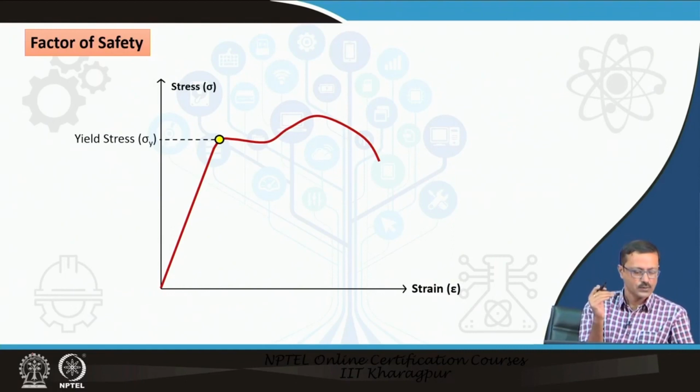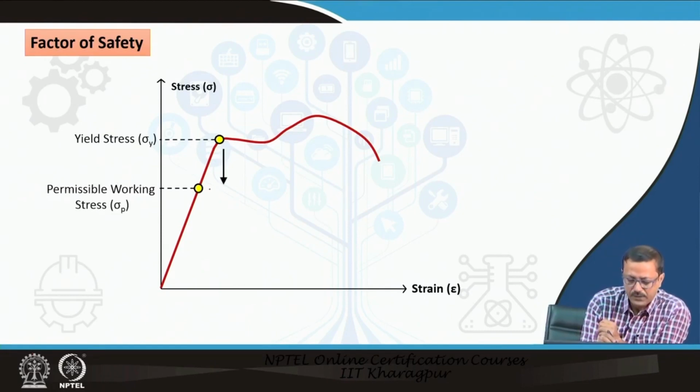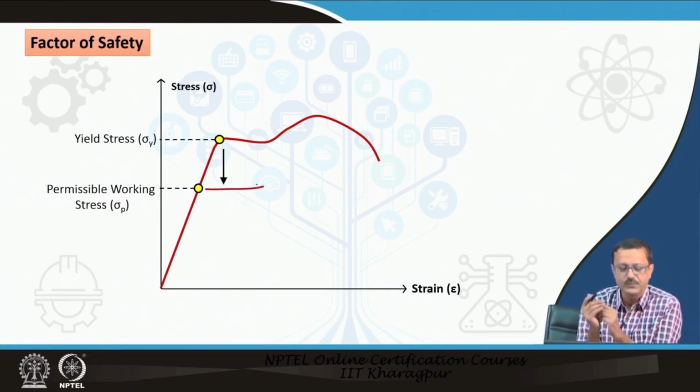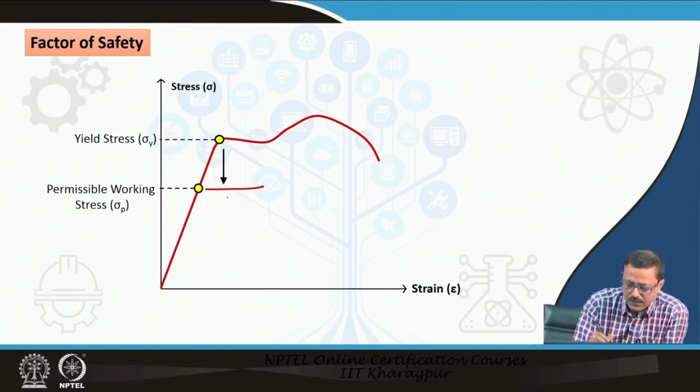Suppose we assume some kind of margin, and we define for that material a particular limit of stress, which is called the permissible working stress, which is further less than the yield stress, and we will try to limit our calculations and our design to this zone. So, we do not try to cross this particular limit.